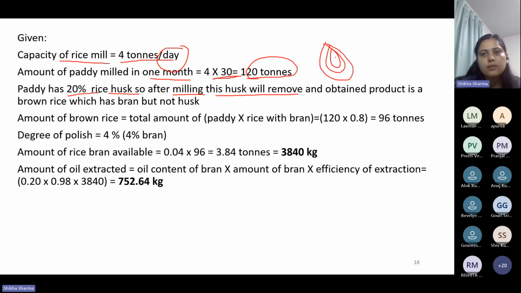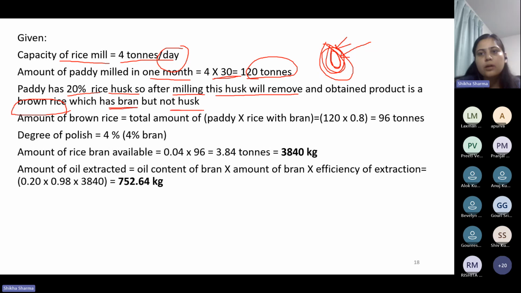If this is the rice, this is the internal part, and this is the husk part. The first layer is husk, the second layer is the bran layer, and then there is the white rice. If we remove the outer husk layer, the bran remains on the white rice, which is known as brown rice.